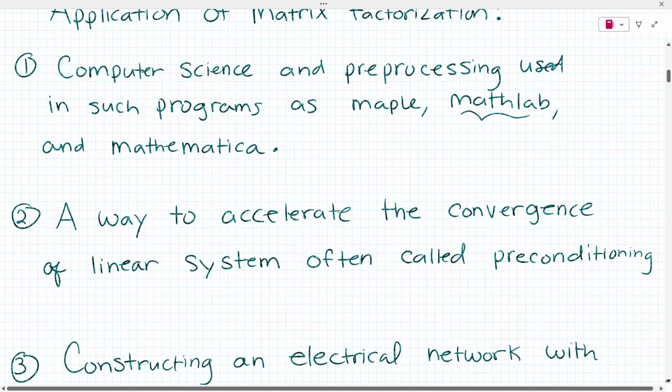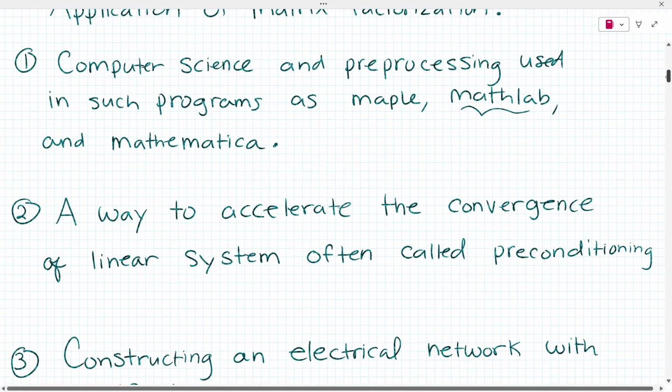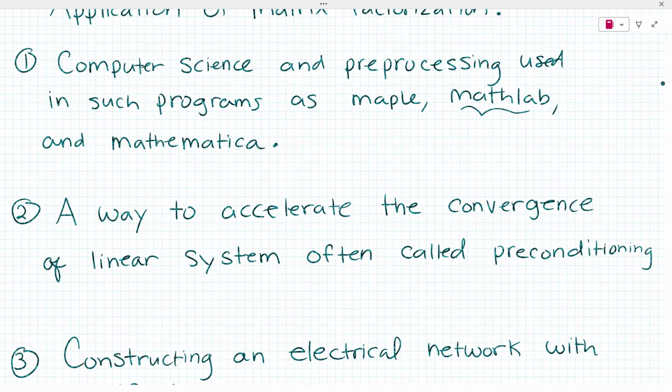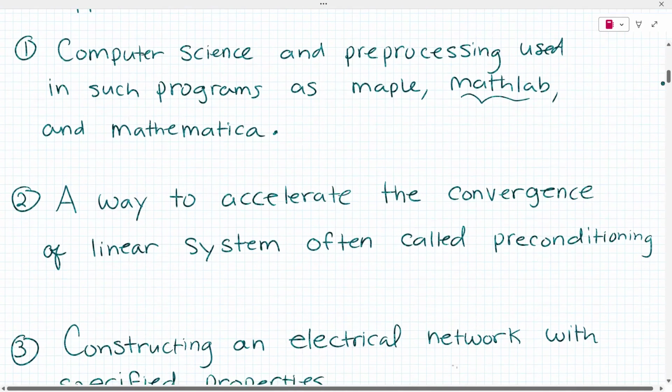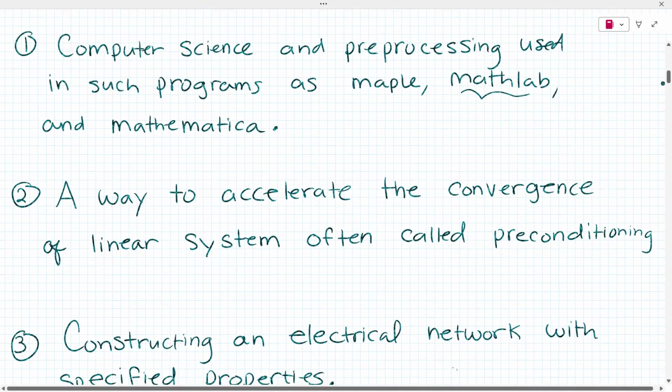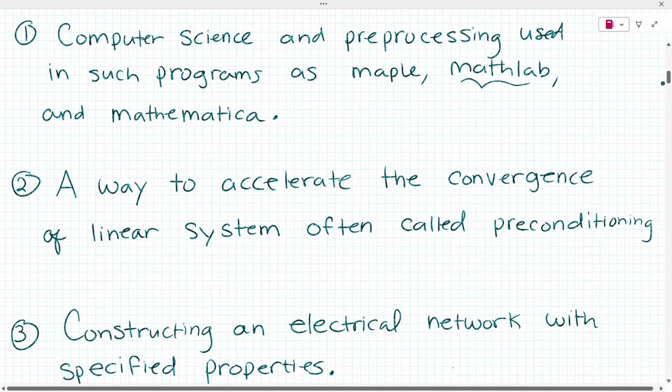We can also use it for constructing an electrical network with specific properties.